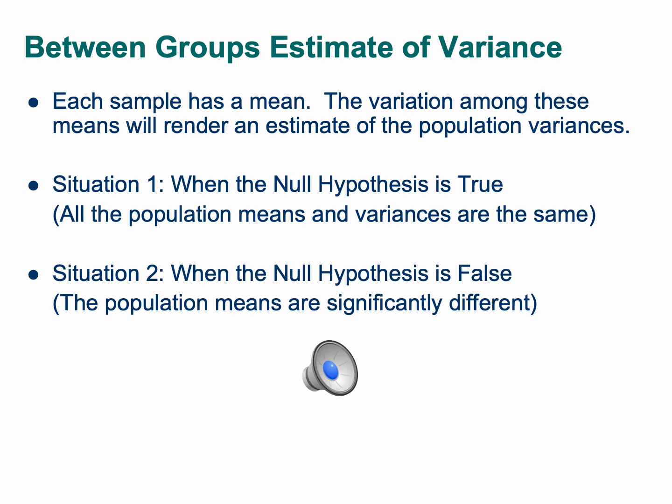So in situation 1, the null hypothesis is true, and all the population means and variances are the same. So all the population means will be the same, and there won't be variability among them. All the variability in the study will be captured by the variability within each sample.